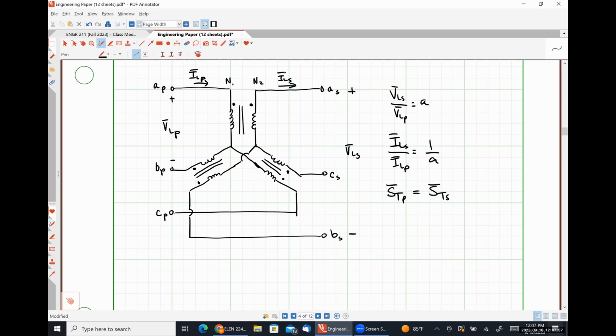Thank you for that. So the L indicates that these are line-to-line voltages because we're measuring them between the transmission lines. And the P is for the primary side, the S is for the secondary.